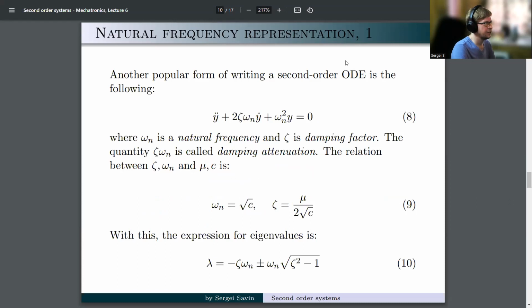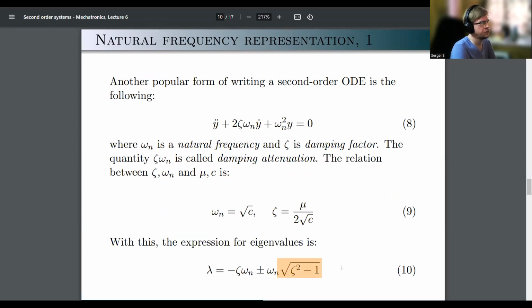If zeta is bigger than 1, this whole thing is a positive real number. There is a plus or minus sign here. But notice the value for natural frequency appears in front of both of those terms. So essentially, it's a common factor. We can factor it out, put it outside of the brackets.